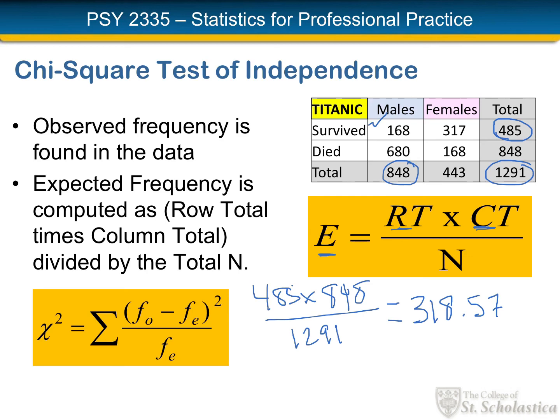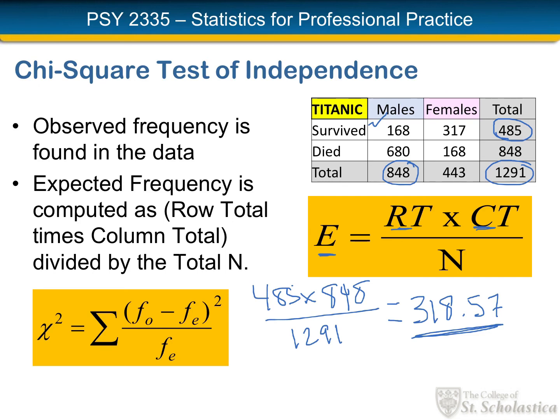But my expected values can in fact have decimal places in them. So if the null hypothesis were true, I would expect that 318.57 men would have survived if everybody had survived at the same rate, male and female. But in fact, as we see, only 168 survived.